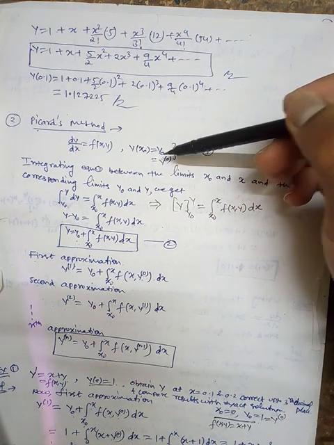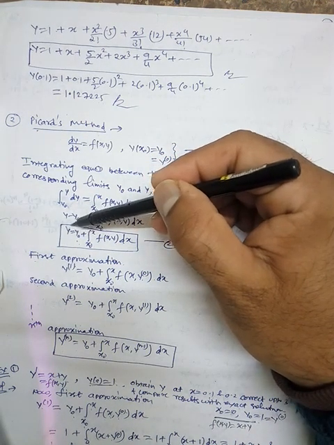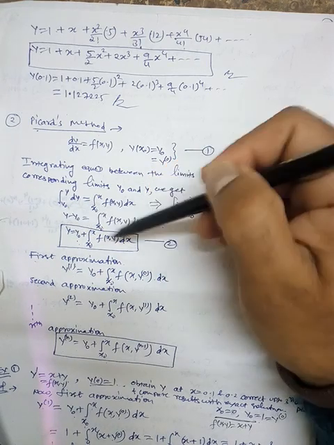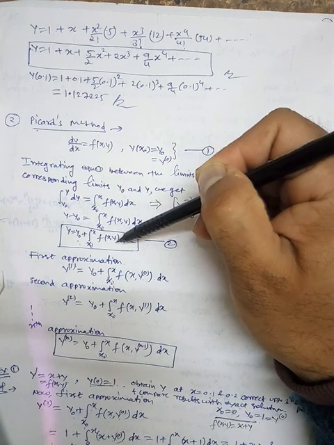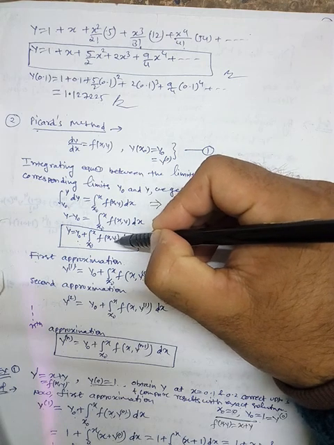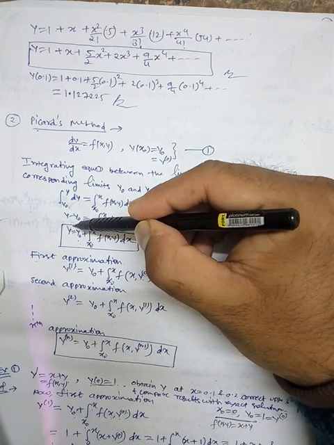Okay. And then we will find the next value, which is basically the improved value or first approximated value. Because y is unknown, we will use the initial value of y and then find the first approximated value of y.